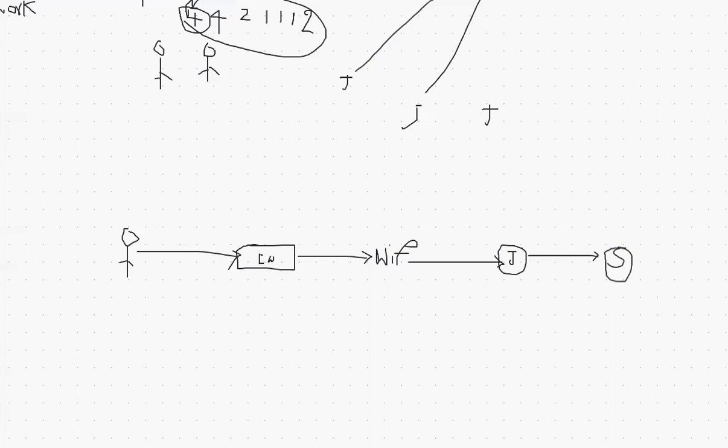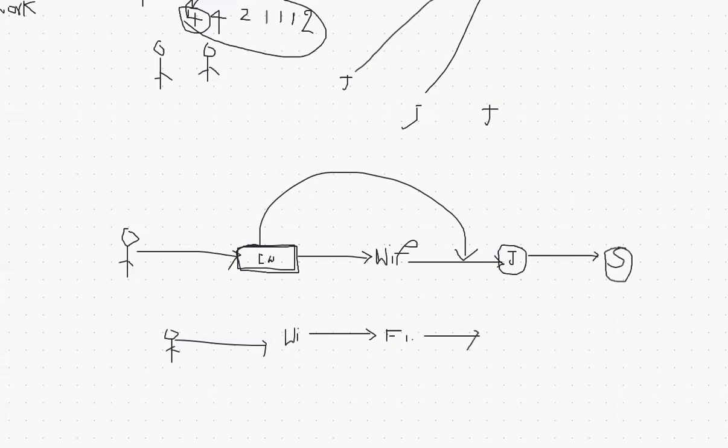Can anyone tell me why did I place the firewall here inside the house? Why did I not place it here? My question is, Wi-Fi router, firewall, jack, and then the ISP, right?